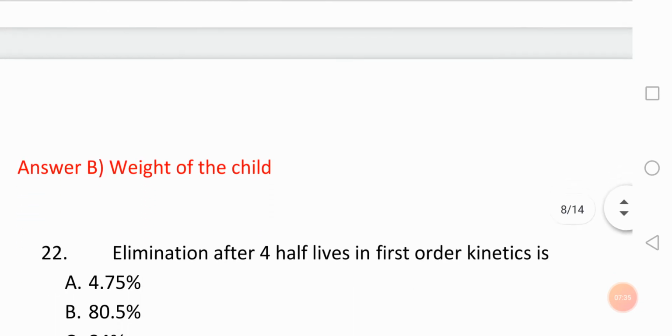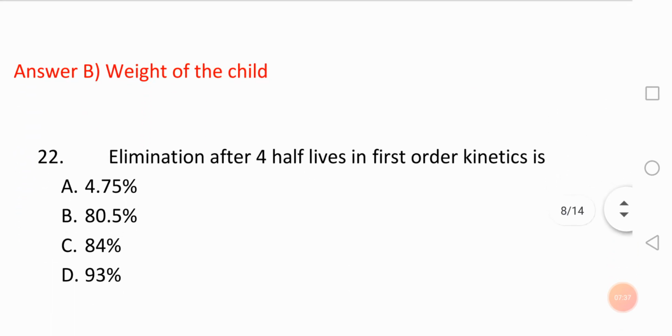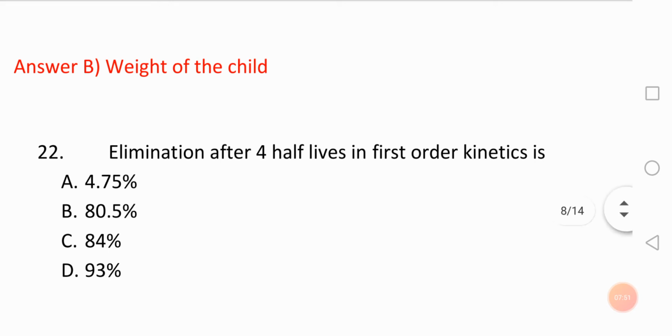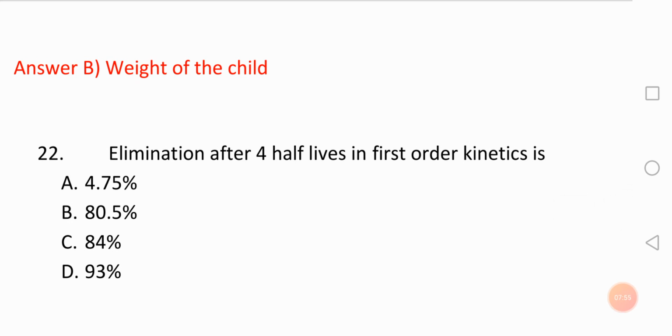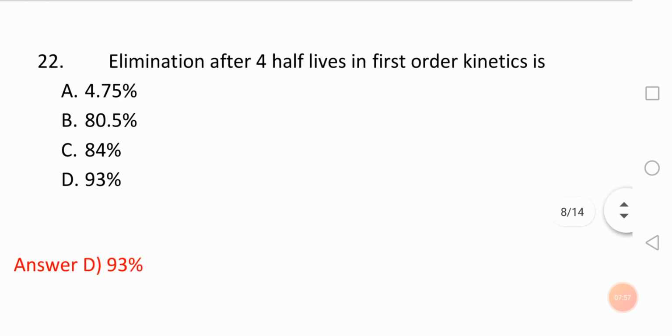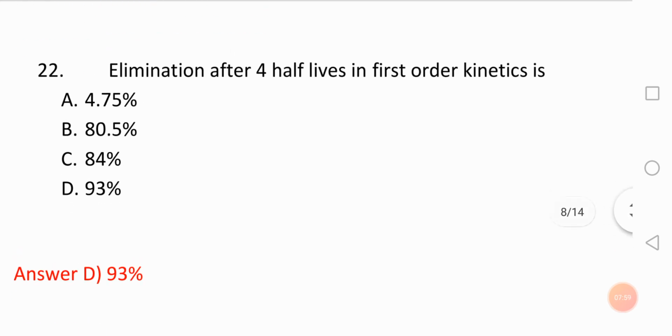Next question, 22: elimination after 4 half-lives in first order kinetics is A, 4.75%; B, 80.5%; C, 84%; D, 93%. The answer is D, 93%.